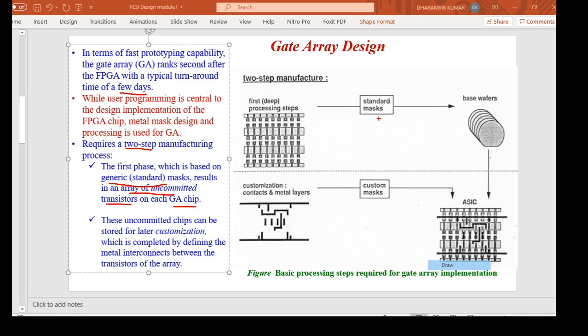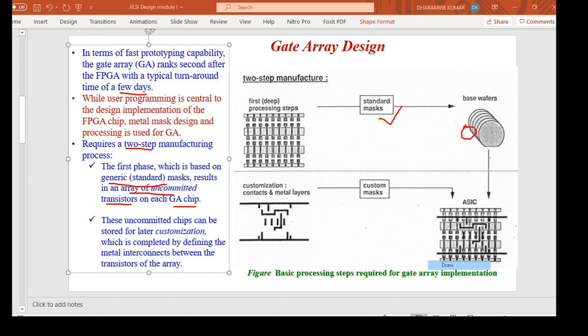The standard masks are used here, and this will result in chips that will contain only transistors, and those transistors are uncommitted. Those transistors are independent. It means only transistors are fabricated till now. There is no existence of any kind of circuit or any kind of gates or modules on the chip.